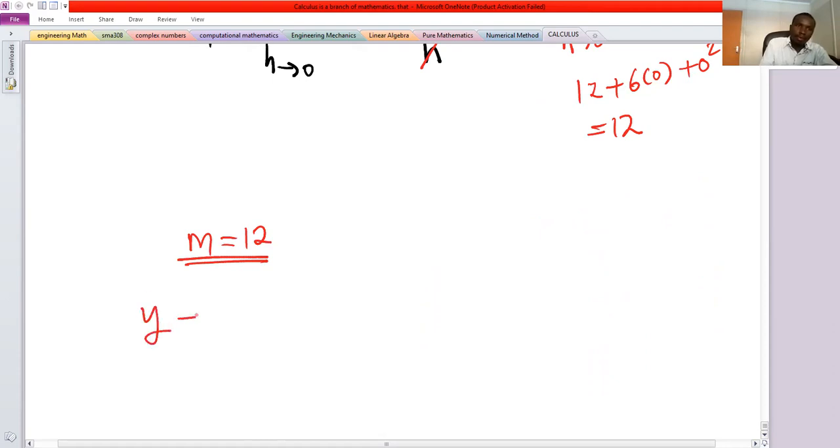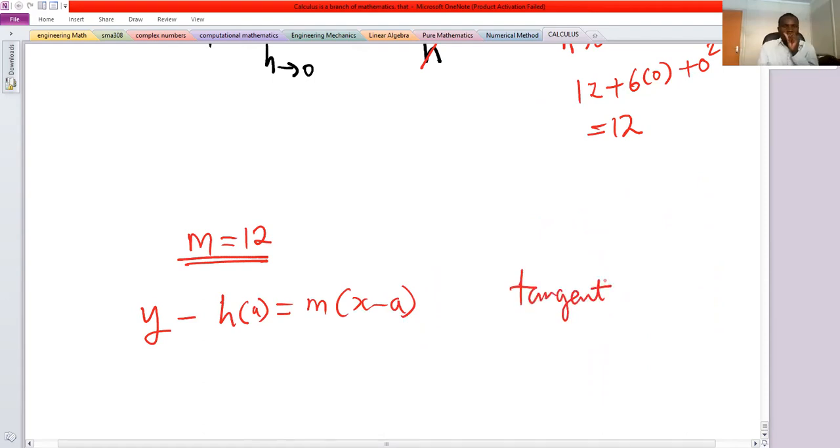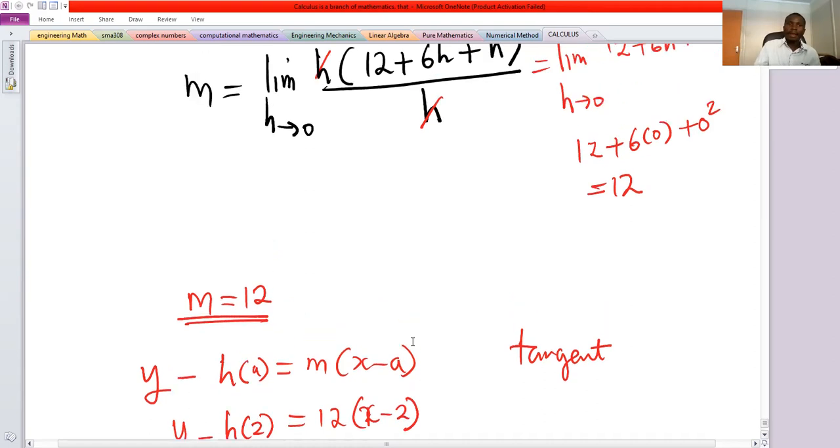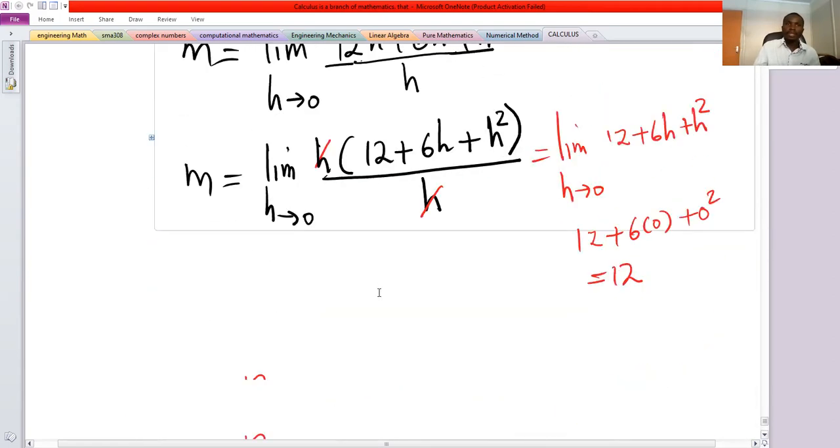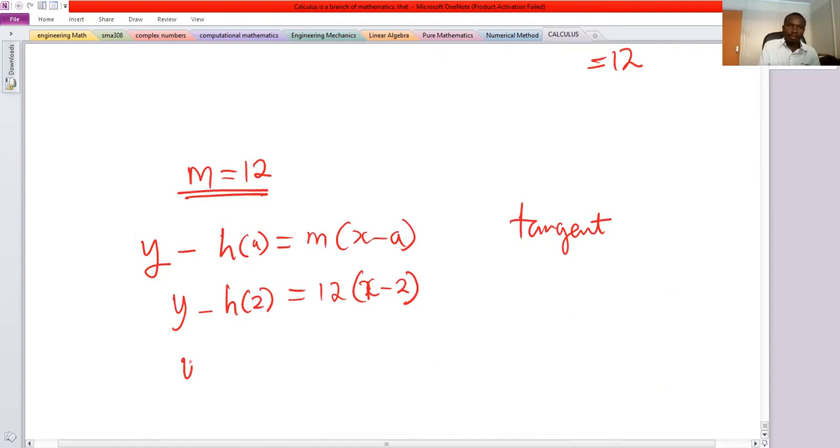And we know y minus h of a equals m into x minus a is the equation of the tangent. So a in this case is 2. So we'll have y minus h of 2 equals m, which is 12, times x minus 2, and h of 2, we have gotten the answer to be 8. So we have y minus 8 equals 12 into x minus 2.